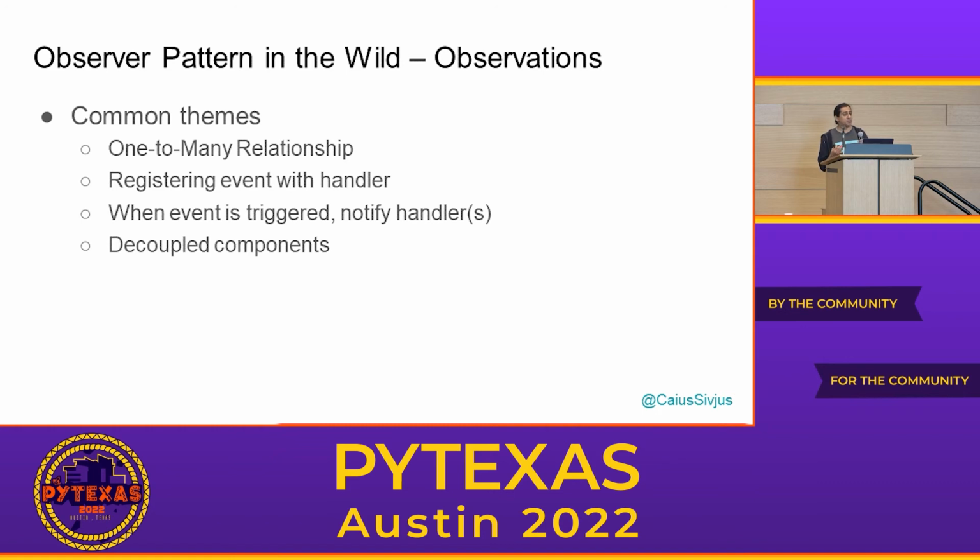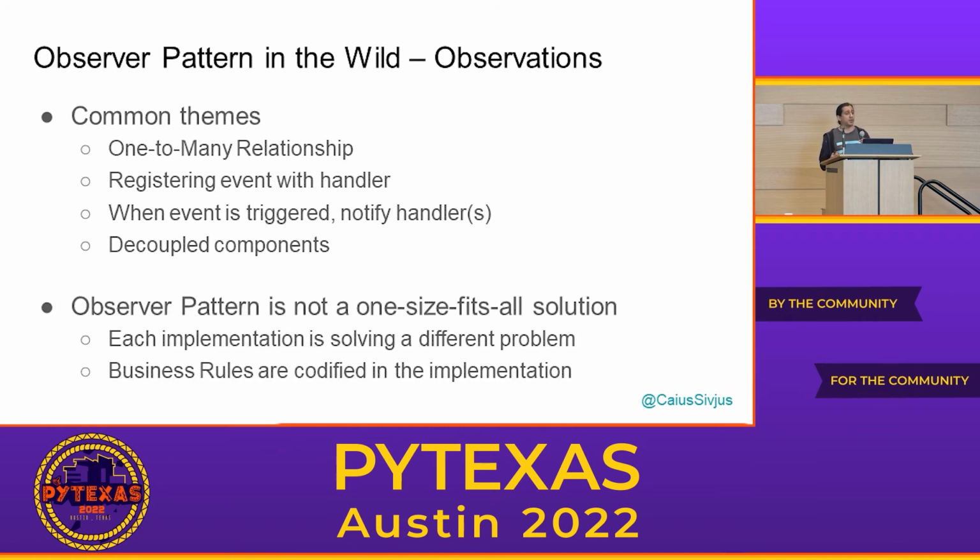And the main benefit of doing all of this is it allows us to decouple our code so it can be changed independently. And that's the big thing. And I really want to show all of these examples to illustrate that the observer pattern is not a one-size-fits-all solution. Each of these implementations is solving a different problem. And as we saw in the Flask case, we're actually able to codify business rules inside of our observer pattern implementation, which is pretty awesome.